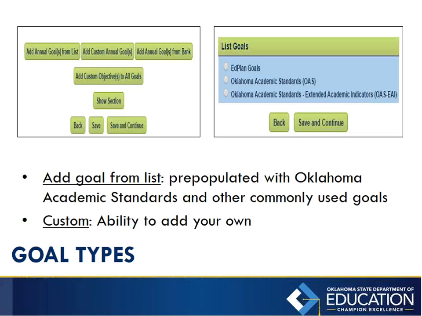Like I said, feel free to use those as a starting point, and then you can manipulate or add to them if you want to. And then, of course, we have the Oklahoma Academic Standards Extended Academic Indicator. But feel free to write your own goals and customize them, what's best for that student.